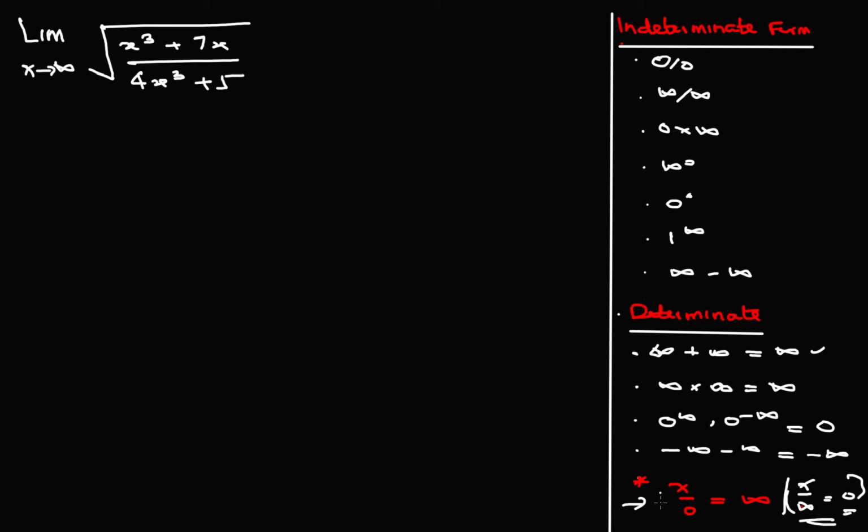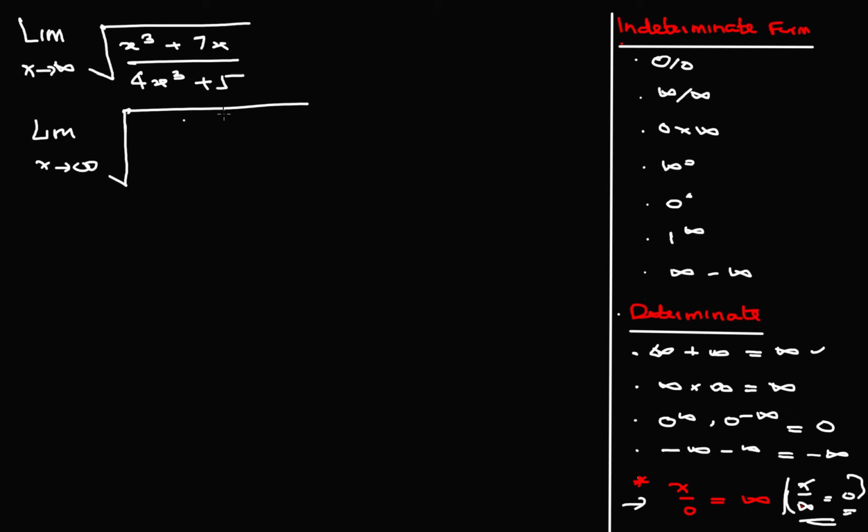No. So we'll try and create the last format. So we're going to say limit as x approaches infinity. Then we have this. Okay, we're going to divide by the highest power, which is 3.